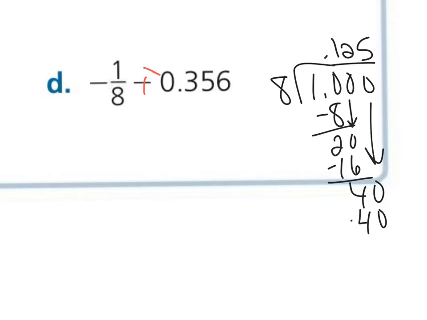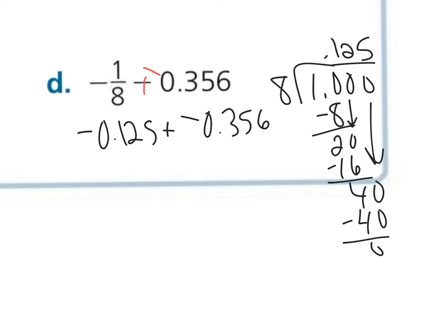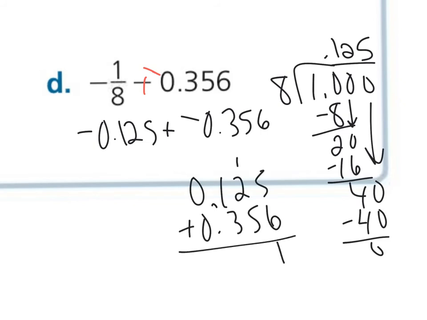Is 125 thousandths, so that's negative 125 thousandths plus negative 356 thousandths. These numbers are both negative, so we can add those together. And it's all negative, so negative 481 thousandths.